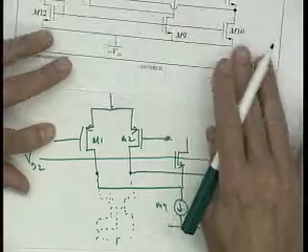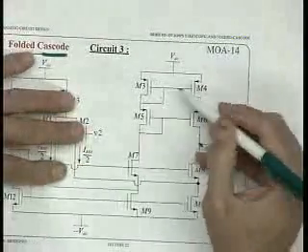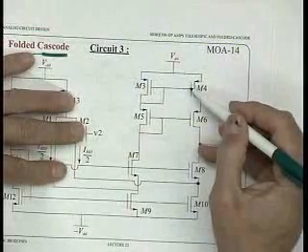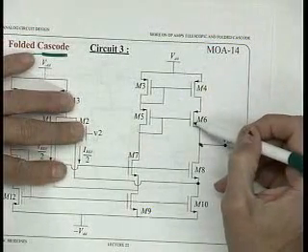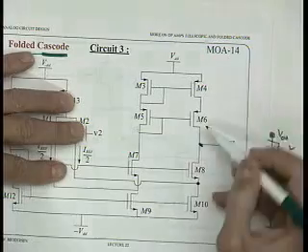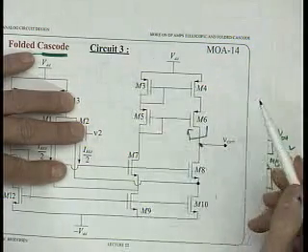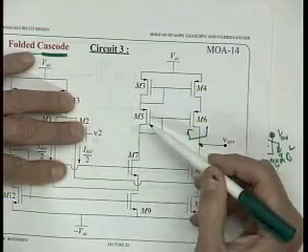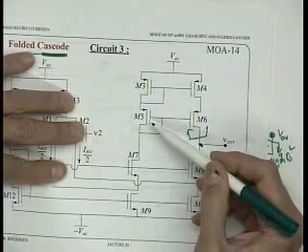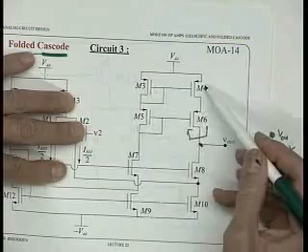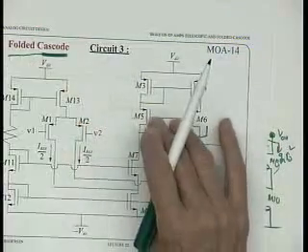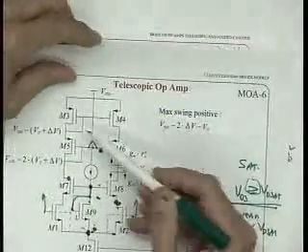Now, what's above this? We see M3 and M4, good old diode connected transistors, and we see M5 and M6, good old diode connected transistors. So what's happening looking up in this direction? What does this look like? Isn't this just a cascoded current source? M6 and M4. Isn't this exactly the same as what we had right here?